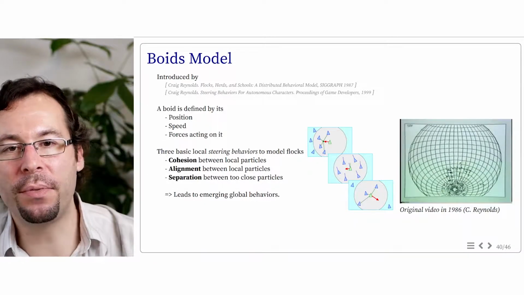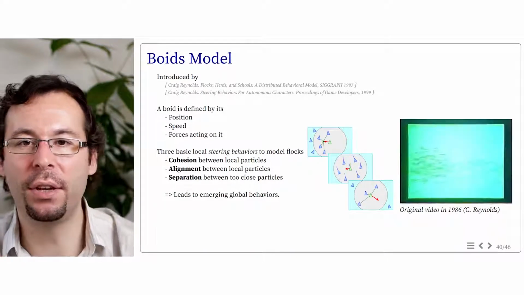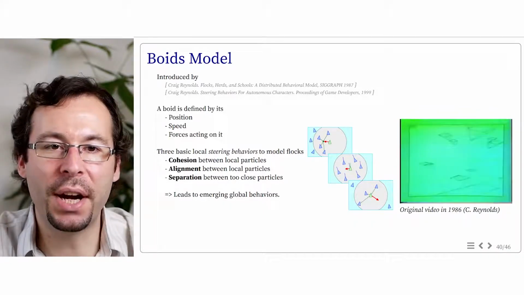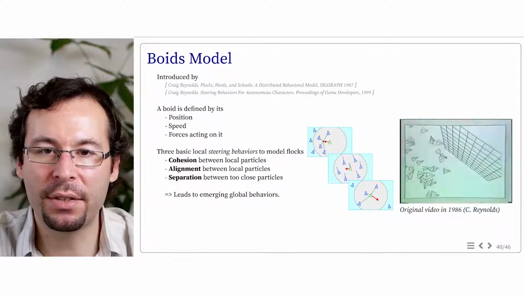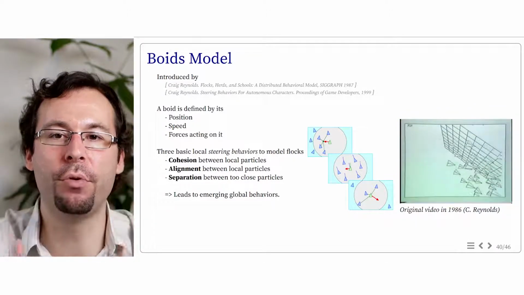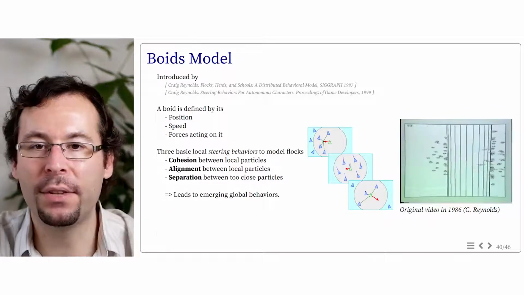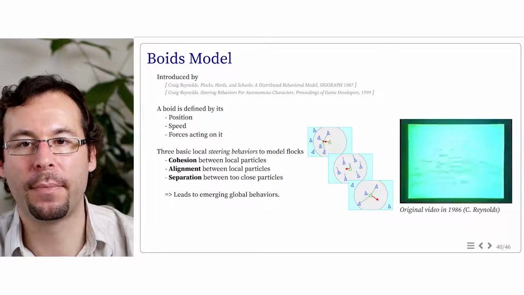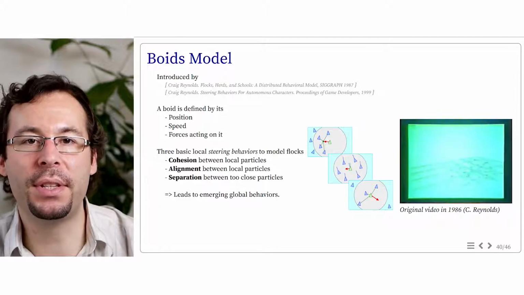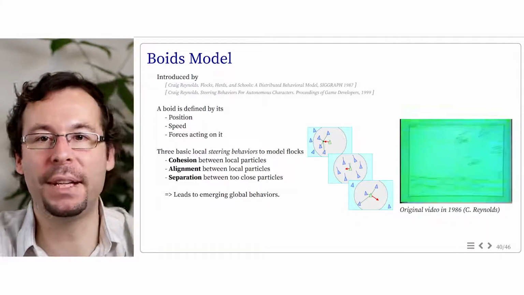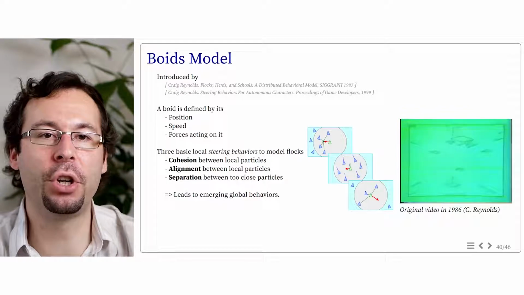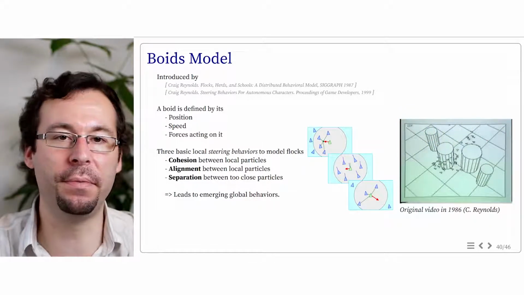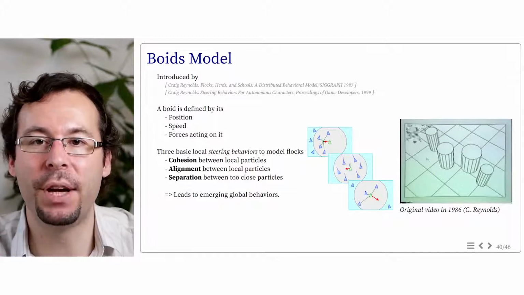The cohesion force, attracting particles together in a given neighborhood; the alignment of velocity direction between neighboring particles so that they have a tendency to move as a group in the same direction; and the separation force when particles are too close to each other. Using these simple forces leads to a global behavior that is said to be emerging, as if a global motion that looks complex was emerging from these very simple rules at the individual level.